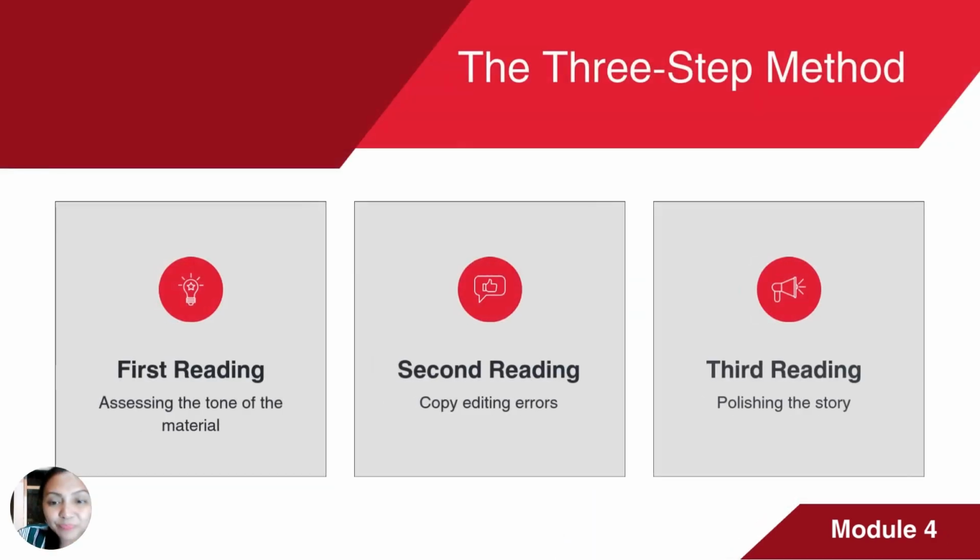Okay. Now, the copy editor's job was summarized into three steps. So we have the three-step method. We have the first reading, then the second reading, and then the third reading. I have written some keywords also for each. So the first reading, the copy editor normally assesses the tone of the material.